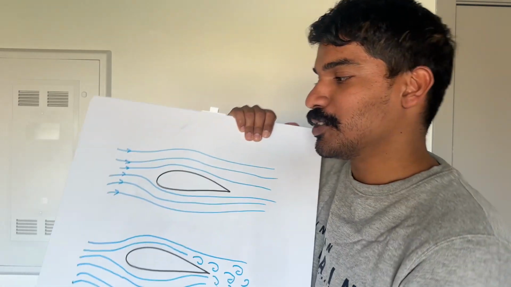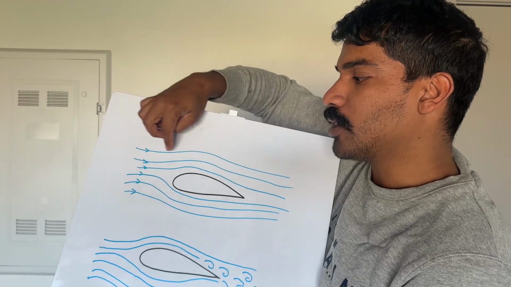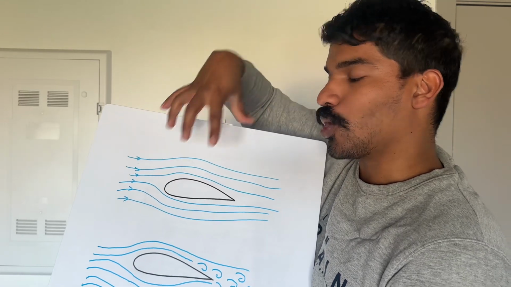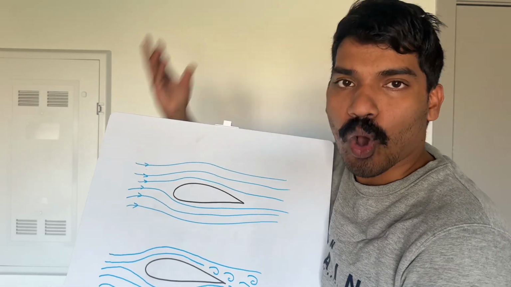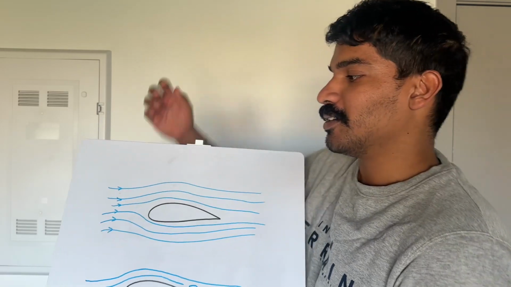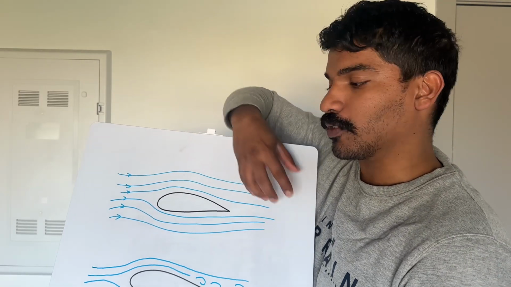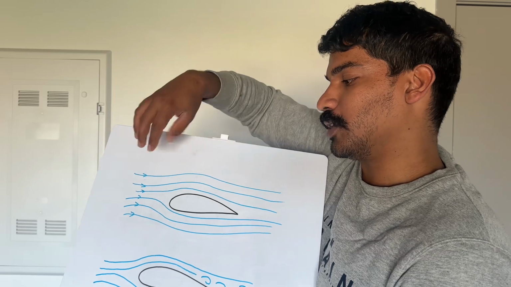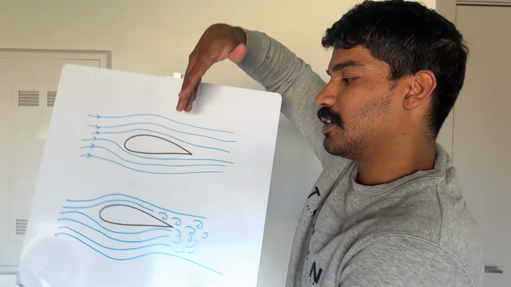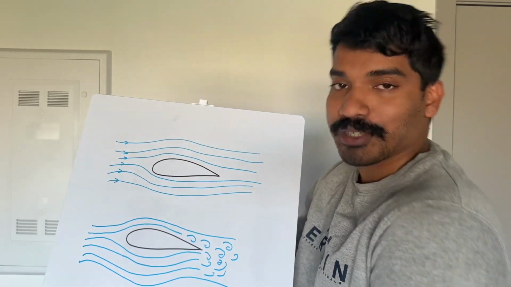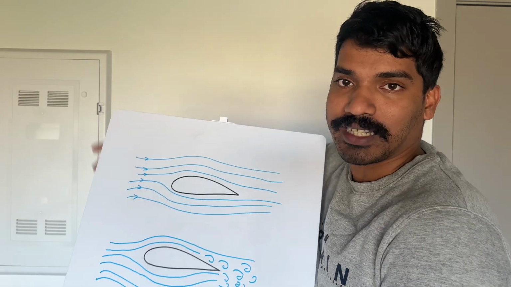DGCA exam. All this air flowing across a wing is nothing but air molecules, right? It's a line of air molecules flowing across the wing. In the diagram, it might not be so good, but I hope it explains things to you.